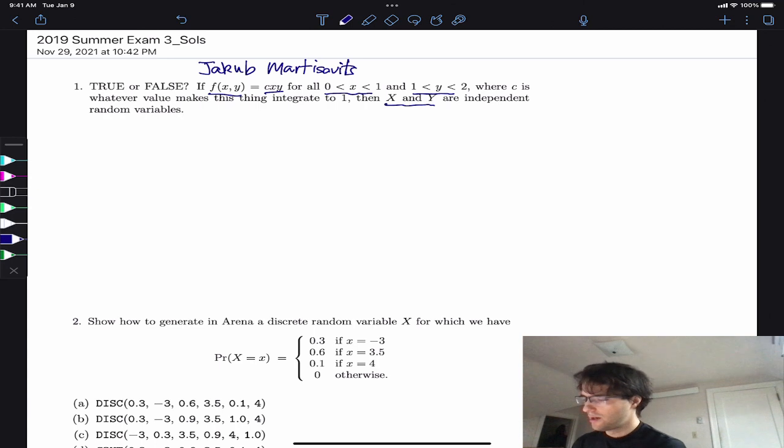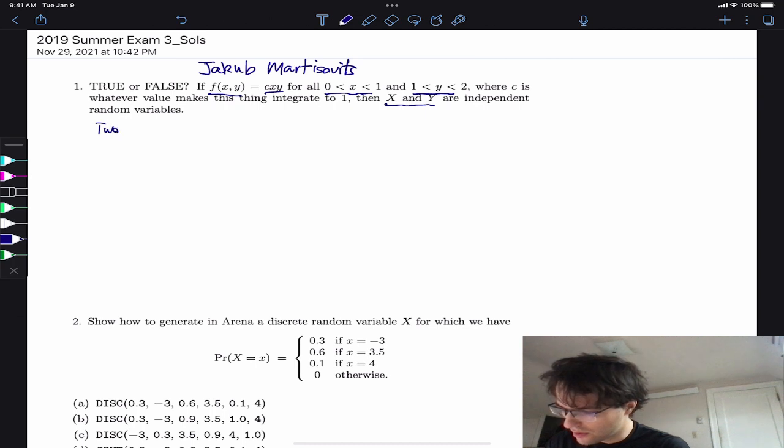The way I would approach this is there are 2 checks that have to be satisfied for these to be independent. So two things for independence in these cases.